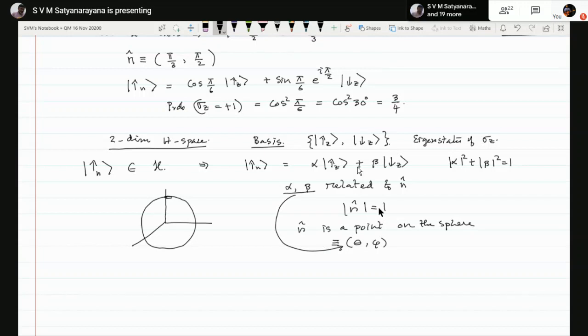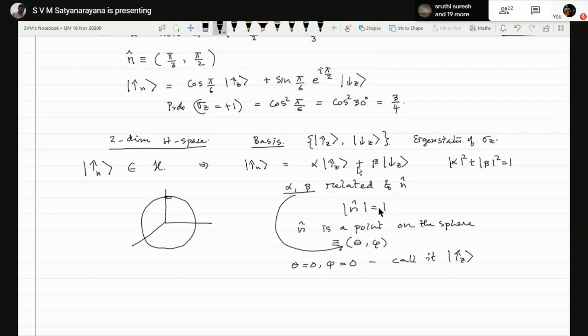Okay, so now you can choose this alpha and beta in such a way that if your theta is equal to 0 and phi is equal to 0, you call it one of the basis elements, up z. And you must have down z to be orthogonal to this.